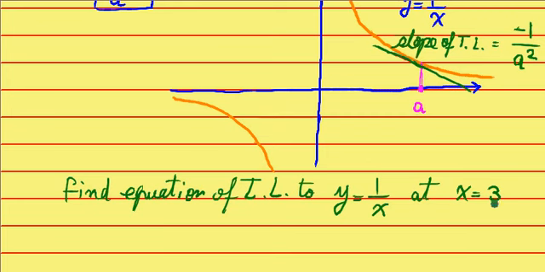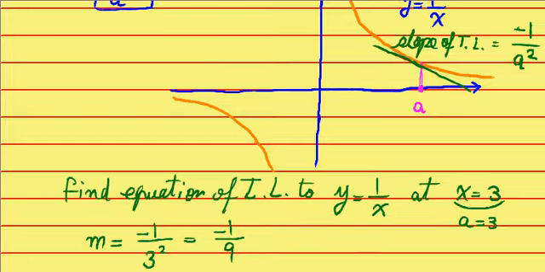What does that mean at x equal to 3? That means your a is 3. The x coordinate of the point at which the tangent line is being investigated is 3. So I already know what the slope is going to be. I learned here that the slope is minus 1 over a squared. The slope is minus 1 over 9.